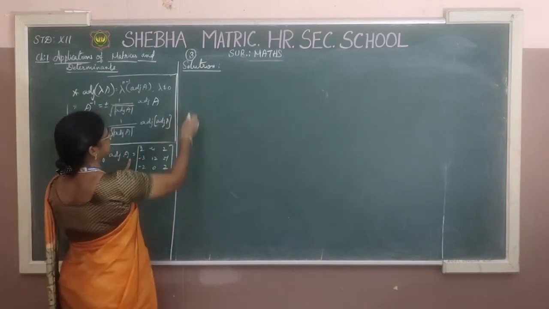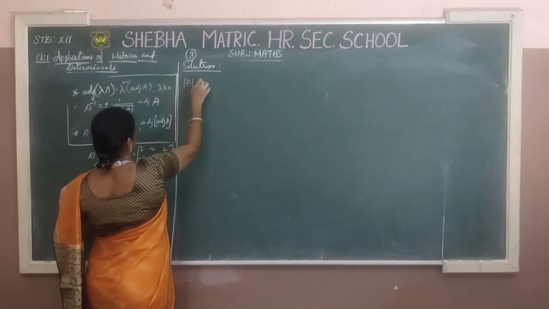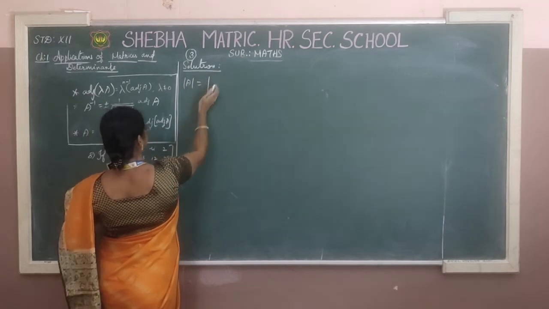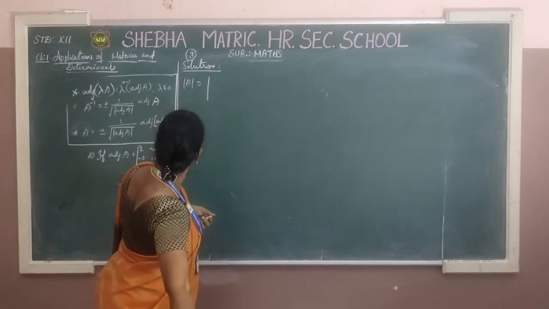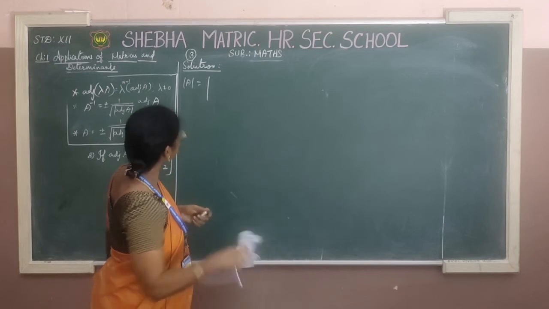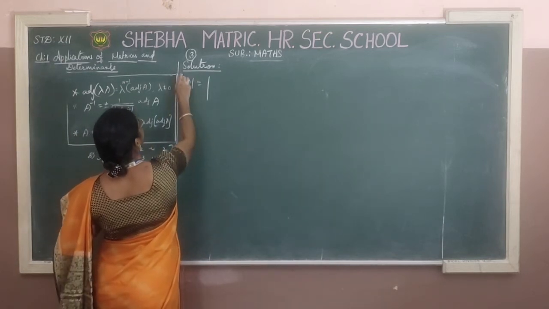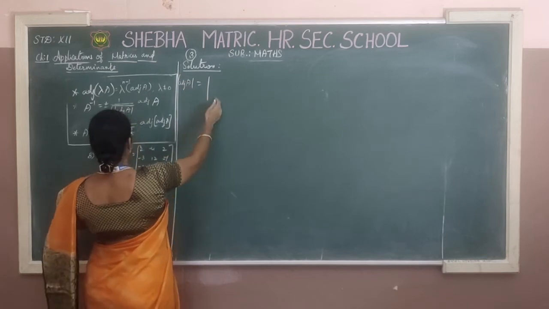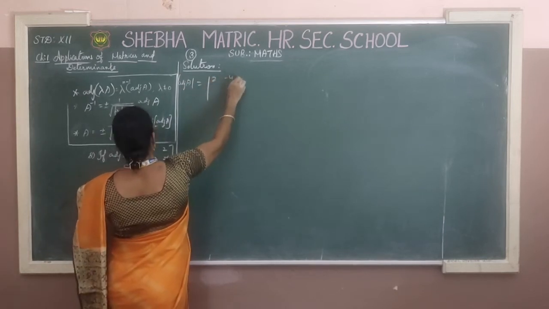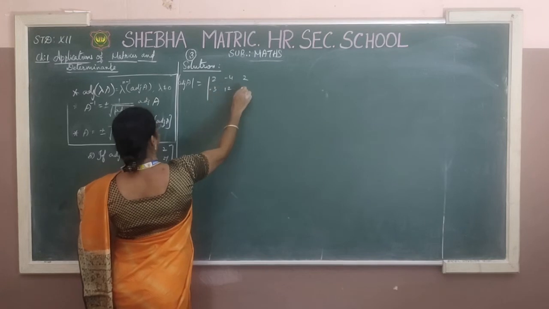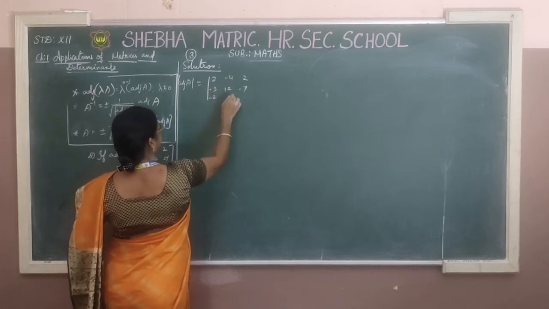Listen, first you have to find the determinant value. The determinant of adjoint A, which is 2 -4 2, -3 12 -7, -2 0 2.